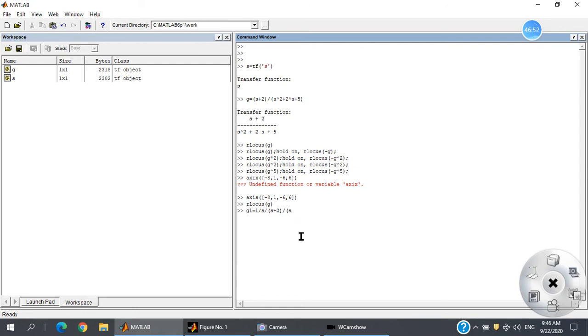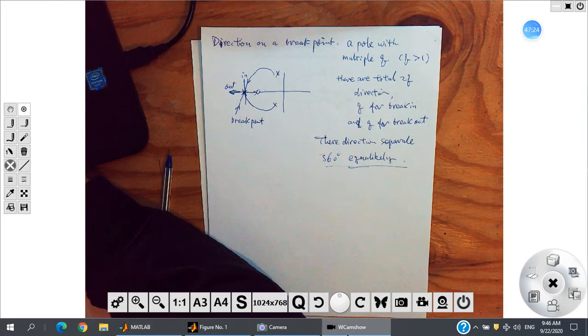So S squared plus 2S plus 5. What will happen? I use this G1 and then root locus of G1. Now can you imagine what it is? We have 4 poles, right? 4 poles, no zeros. So we will have 4 directions, something like that.